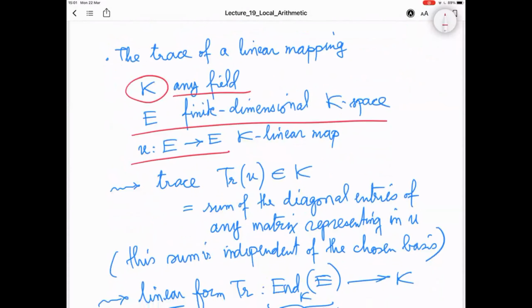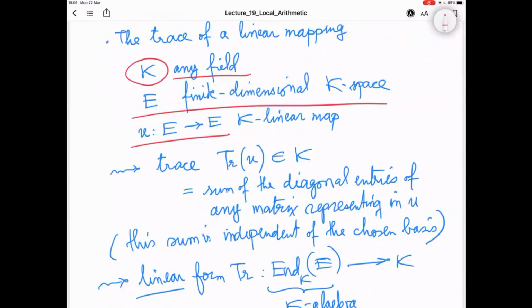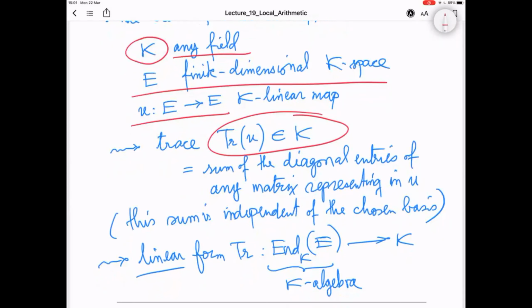Then I expect you to be familiar with this notion of the trace of this linear mapping U, trace of U, which is supposed to be an element of the base field K. One way of defining the trace is to choose a basis of the vector space E, write down the matrix of the endomorphism U, and take the sum of the diagonal entries of this matrix.